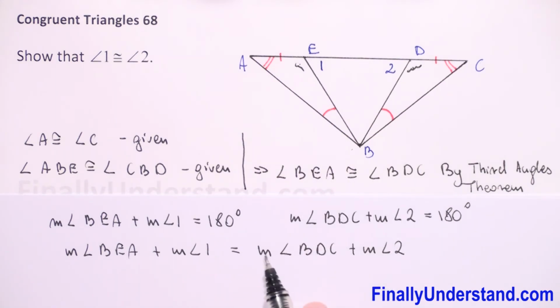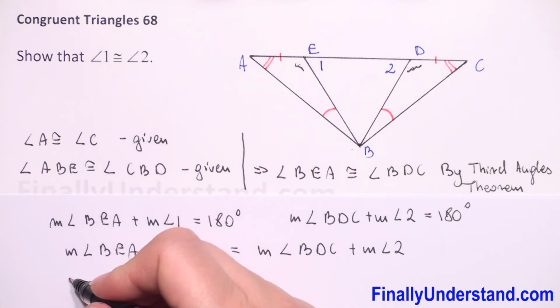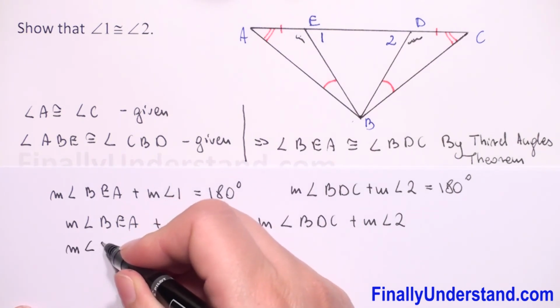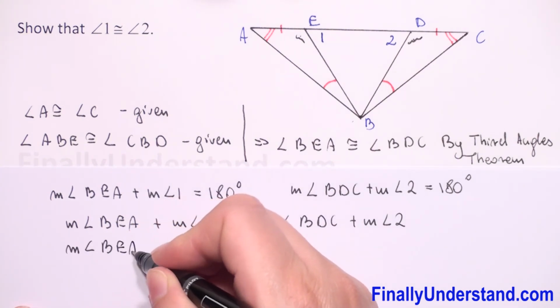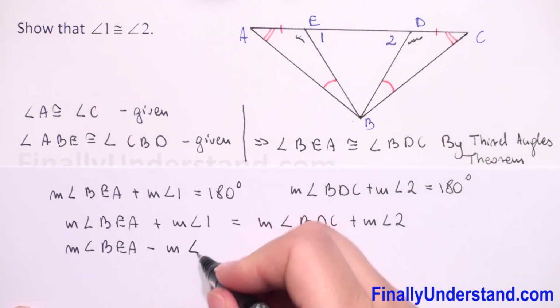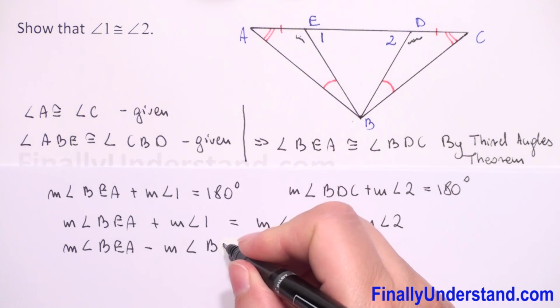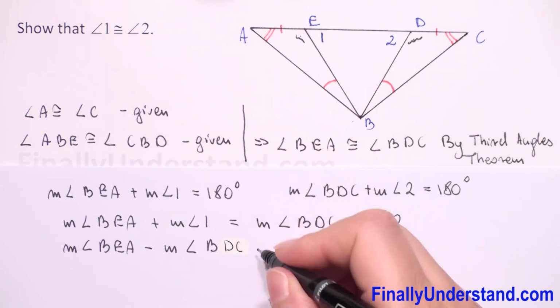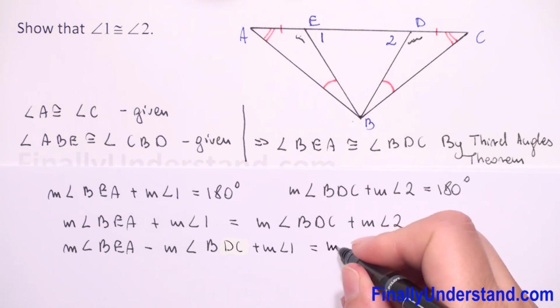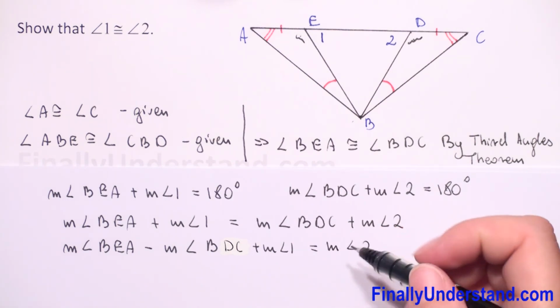So let me move this to the left side. So we will have to copy measure of angle BEA. Now we will be minus measure of angle BDC plus measure of angle 1 is equal to measure of angle 2.